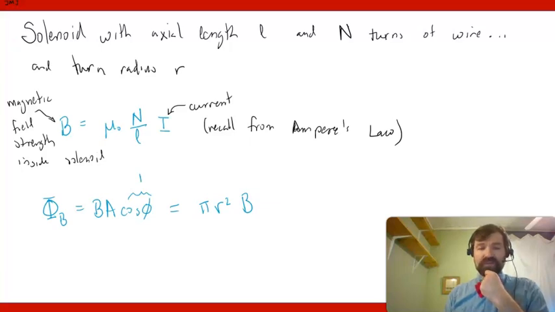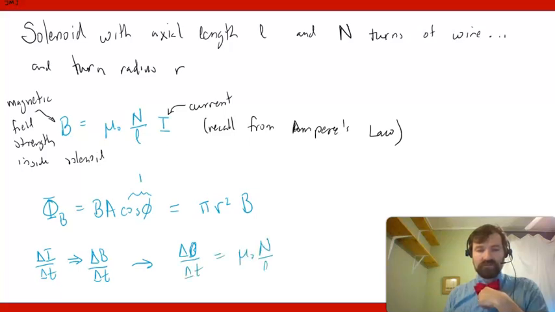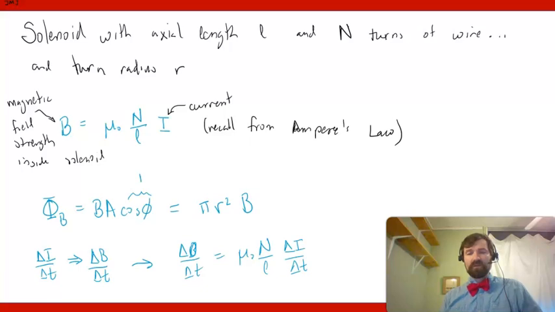Now, what's the rate change of the flux if I change the current? Well, delta I over delta T would produce a delta B over delta T. Specifically, we could say something like delta B over delta T is equal to mu naught N over L times delta I over delta T. In other words, we're not allowed to change the number of loops or the axial length of the solenoid.